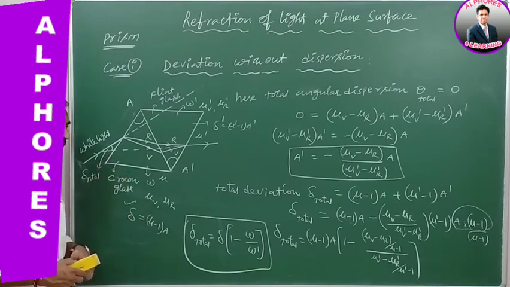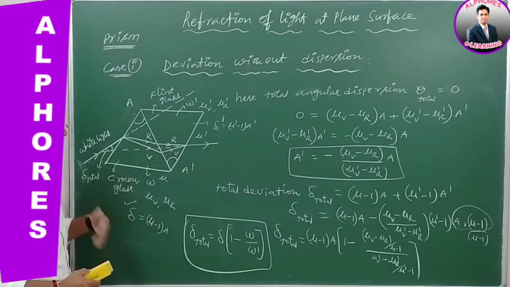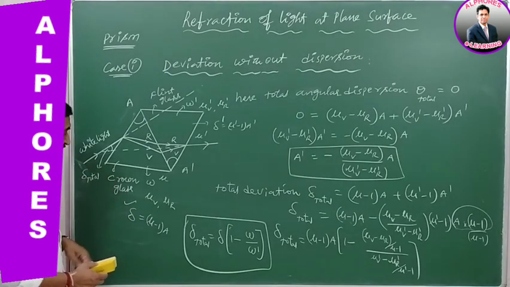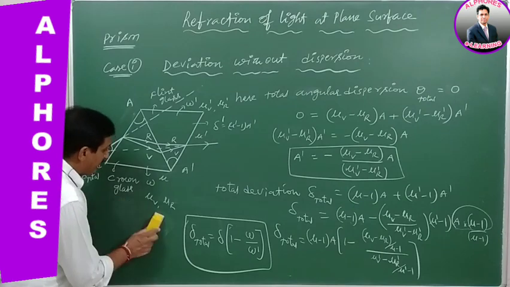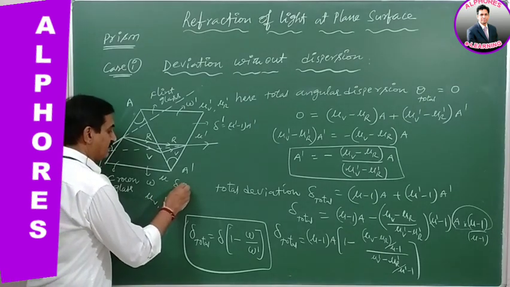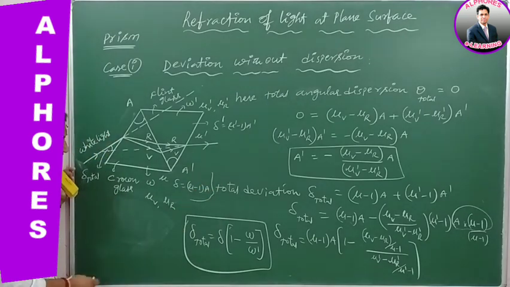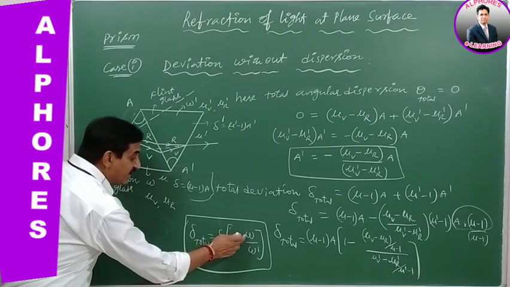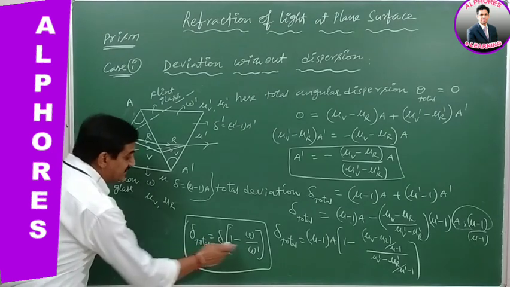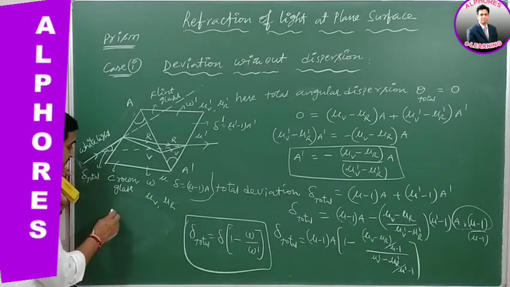Then what kind of result is finally given by the combination of these two prisms? Let us see here, suppose your delta equals (μ minus 1) into A, keep it aside. Right here omega dash is greater, then what happens?